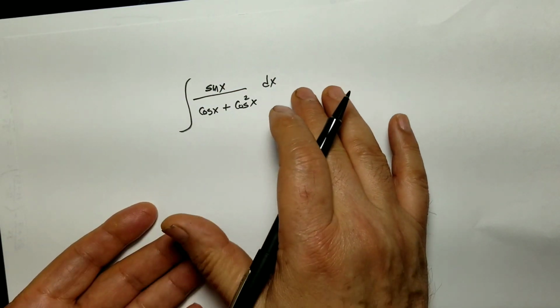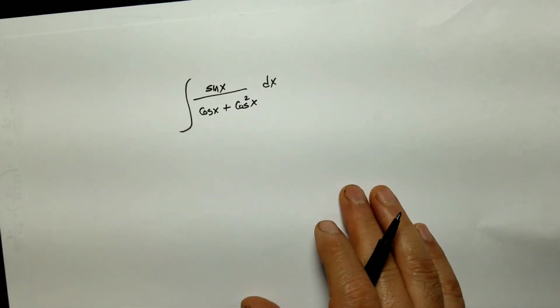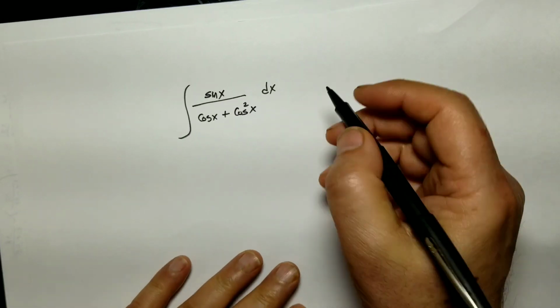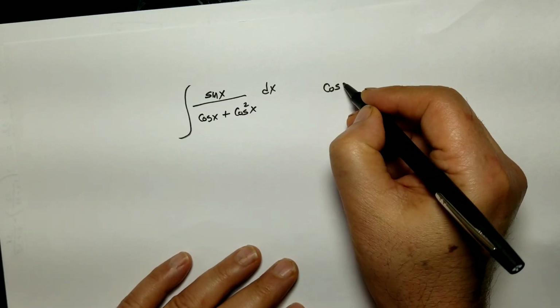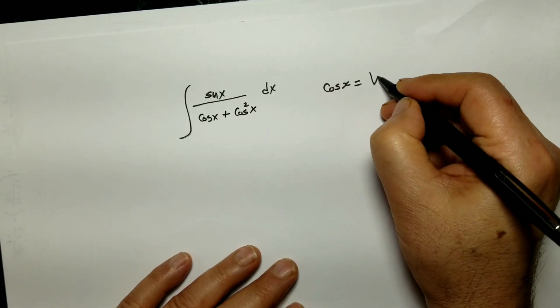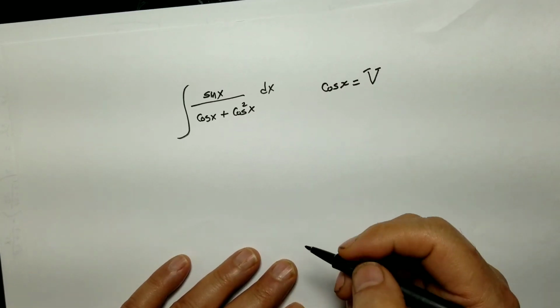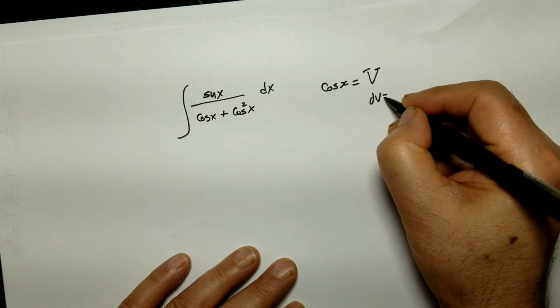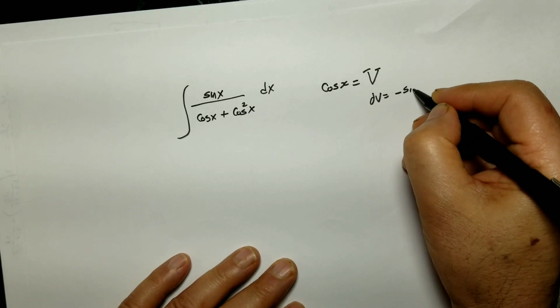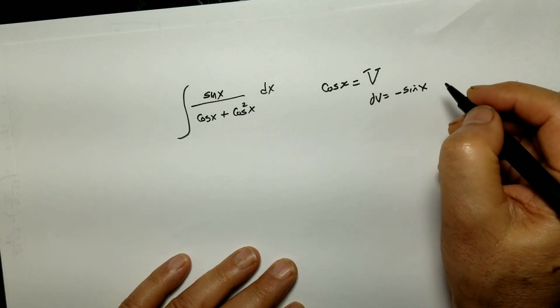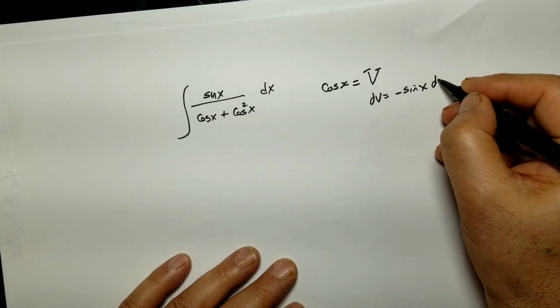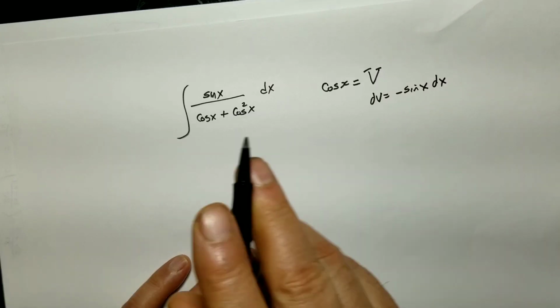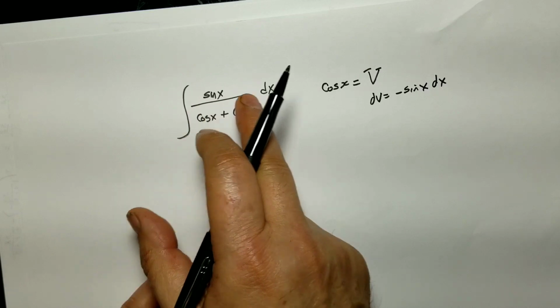Let me see if I can change this one to an algebraic rational function. I'm going to say my cosine of x equal to v. I don't want to use u all the time. My dv is negative sine x dx, because what is the derivative of a cosine? Negative sine. I don't have a negative here, but I do have sine x dx.